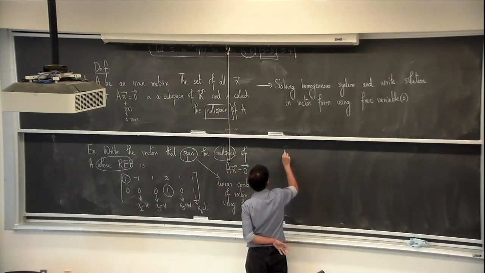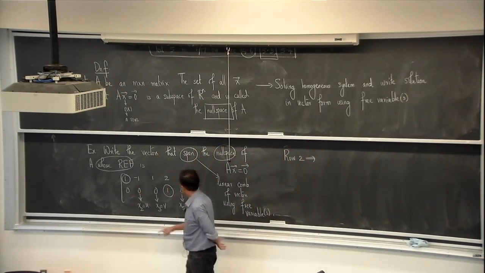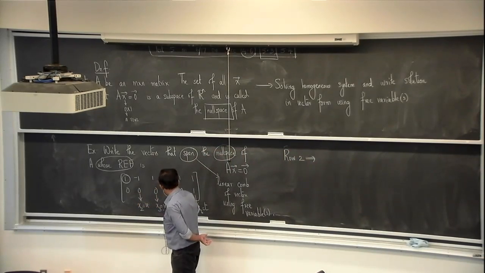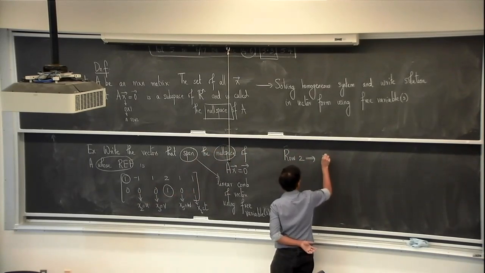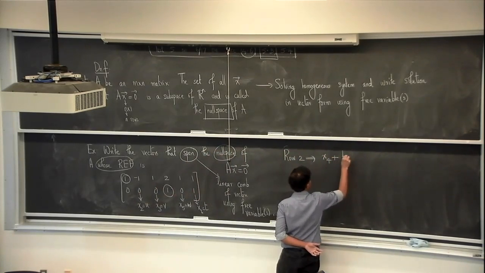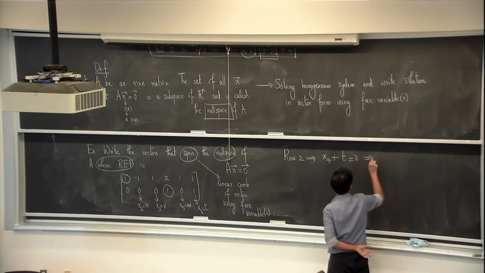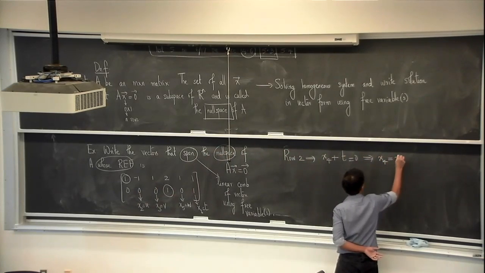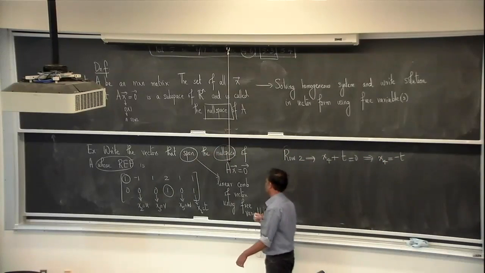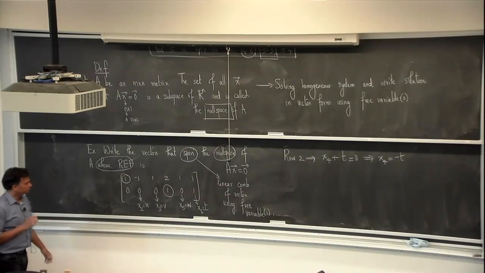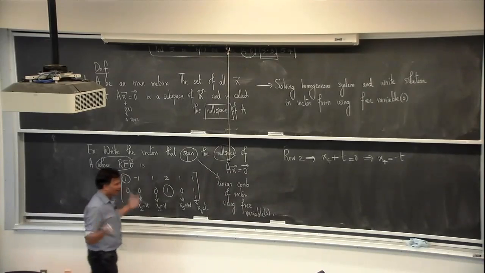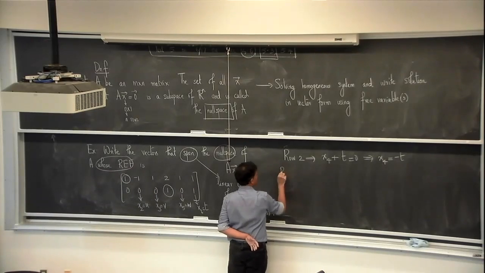So row 2 gives you 0, 0, 0, x4 plus x6 equal to 0. But x6 is t, so x4 plus t equal to 0, so x4 is negative t. And the first row is the one with all kinds of annoying things. Let's just do that.